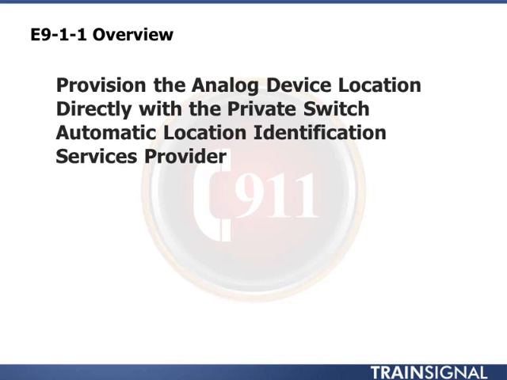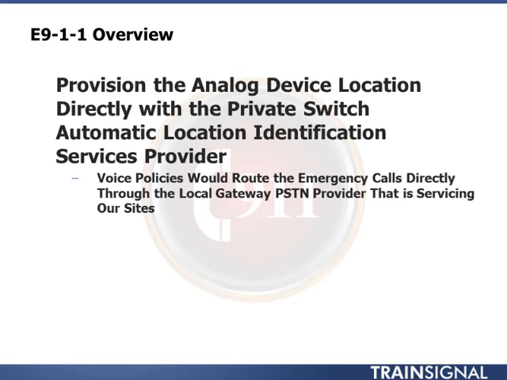In order to support this, when you're setting up your analog devices as contact objects, we would define policies specifically for those contacts, and the voice policies would route the emergency calls directly through the local gateway to the PSTN provider that is servicing our sites. The private switch automatic location identification services provider has a database at their location that maps the direct inward dialing of each analog phone to a physical location, and it provides the location that they send along to the local public safety answering point.